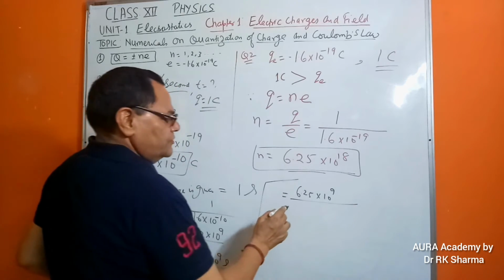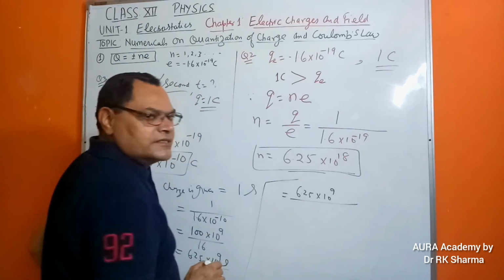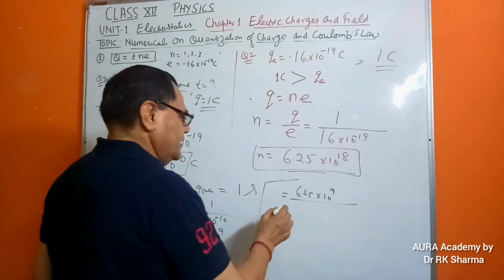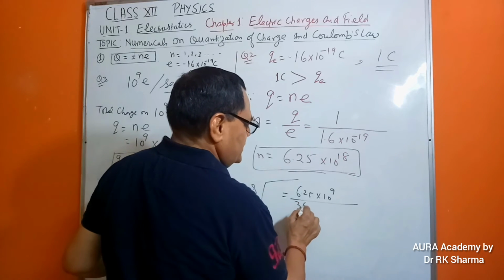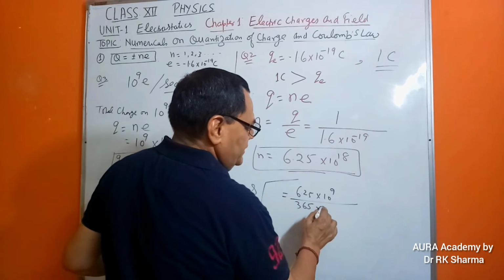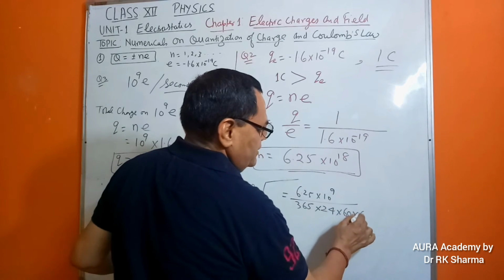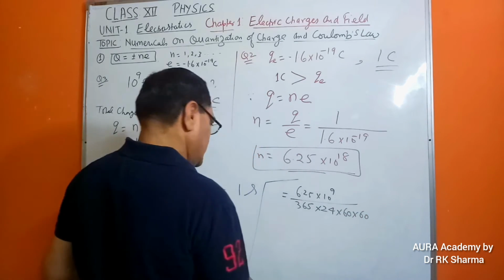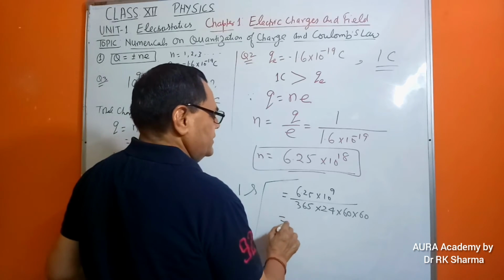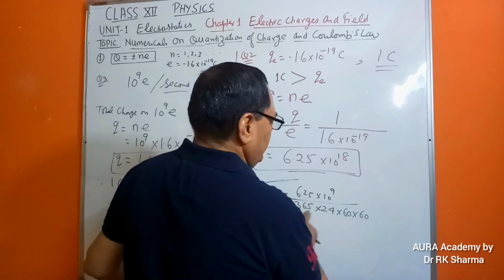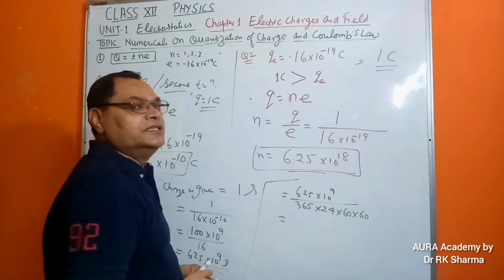Now, there are 365 days in a year, every day has 24 hours, each hour has 60 minutes, and each minute 60 seconds. If we divide by that, we get how many years it may take.